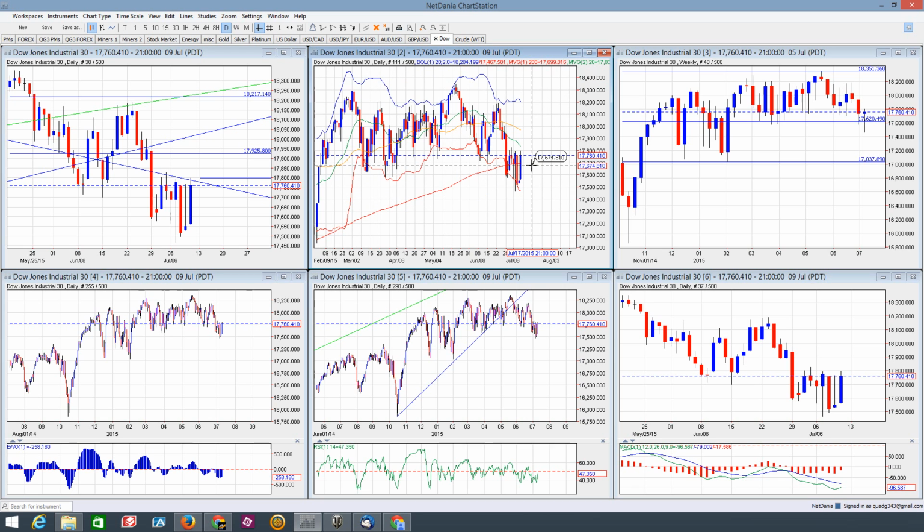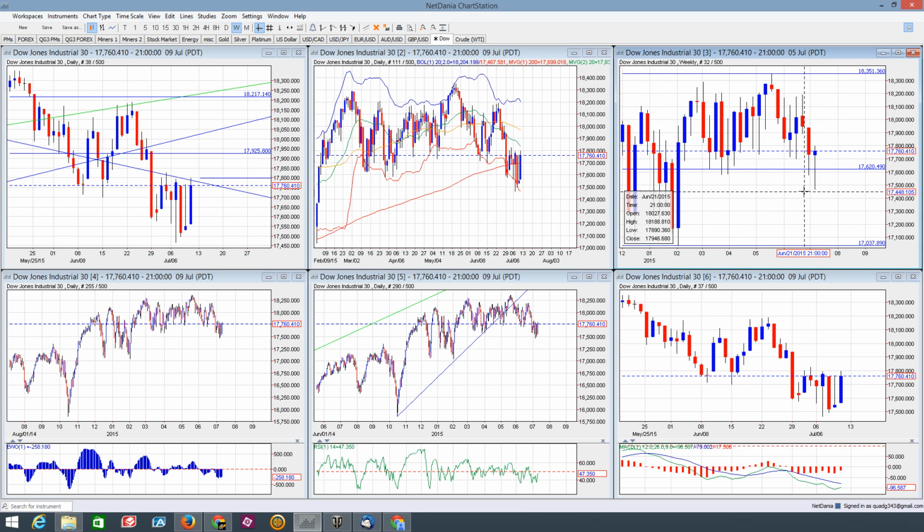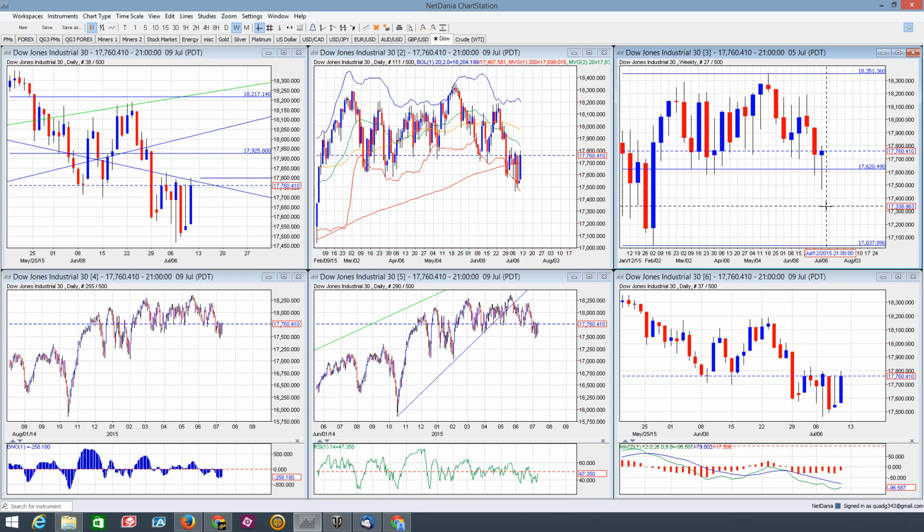Whenever you see that happen, it is an indication that the market could be putting in a major top. It's happened plenty of times in the past. The week, however, as you can see, closes as a bullish hammer candle. And that's another indication that we could advance at least a little bit higher going into next week.